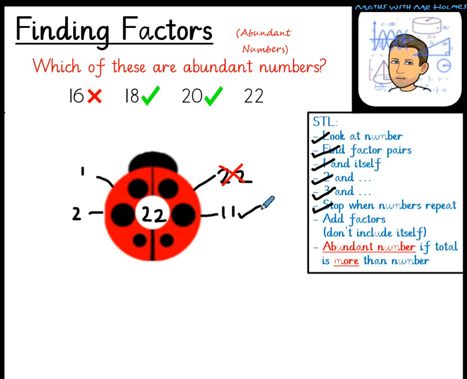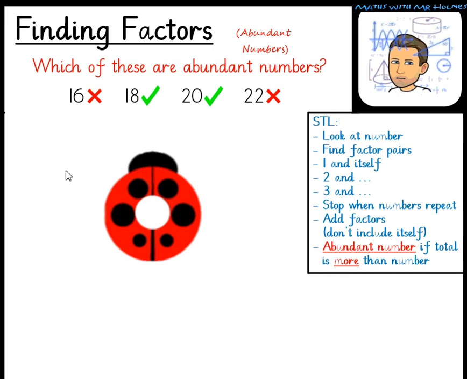So we've got 11, add 2 is 13, add 1 equals 14. It's an abundant number if the total is more than the number, and 14 is less. So 22 is not an abundant number.